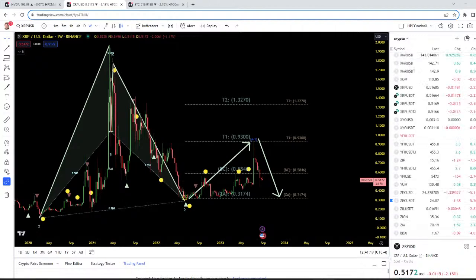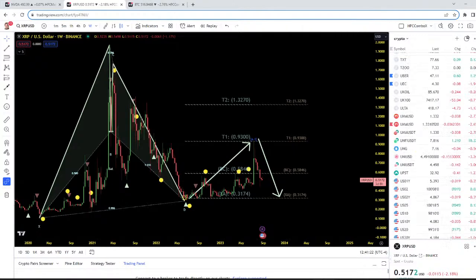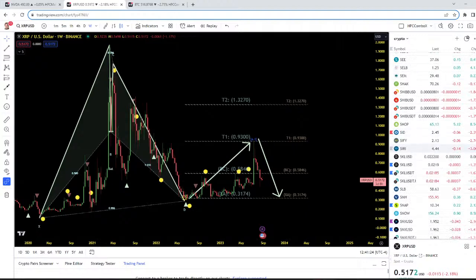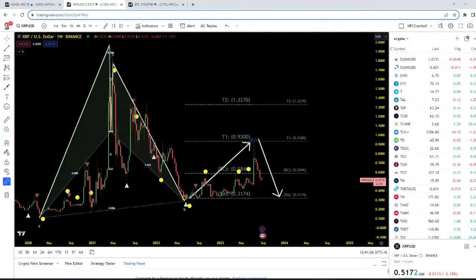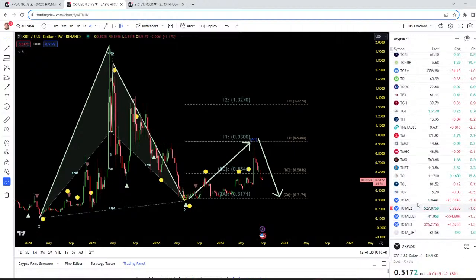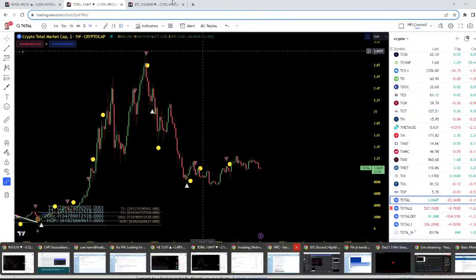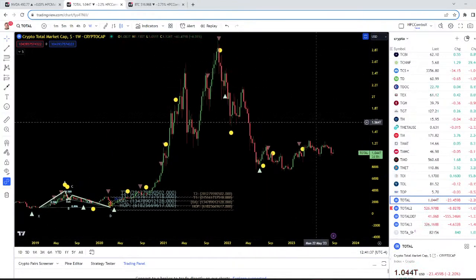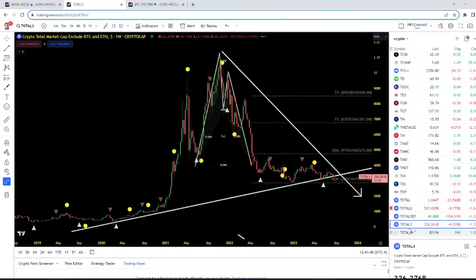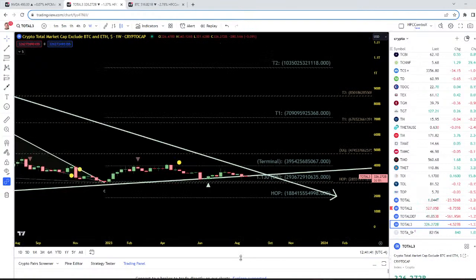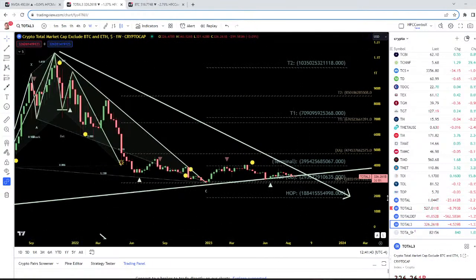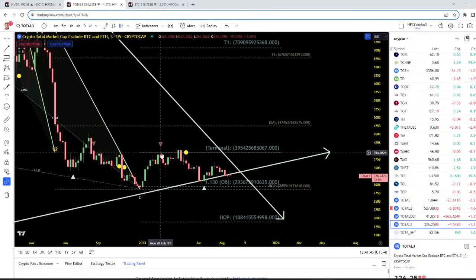Oh, that's actually good to look at. Go to the total indices, because they are a slightly different story. They're both ugly, but total one is definitely not as bad as total three. Total three continues to roll over.